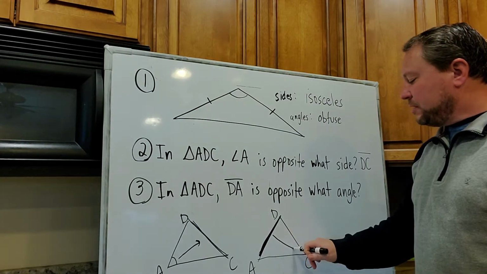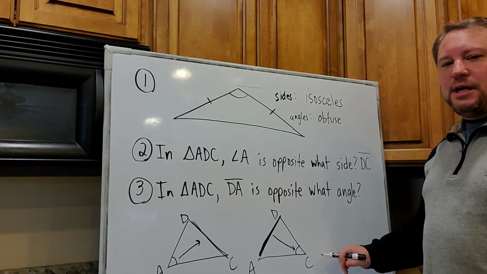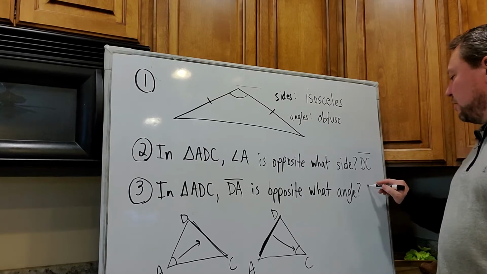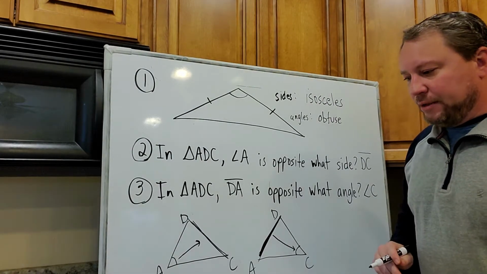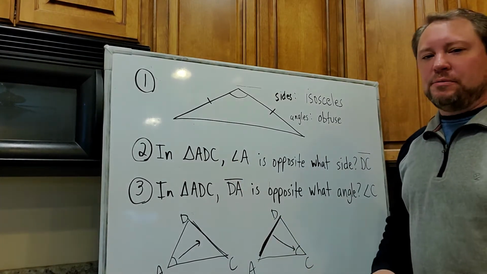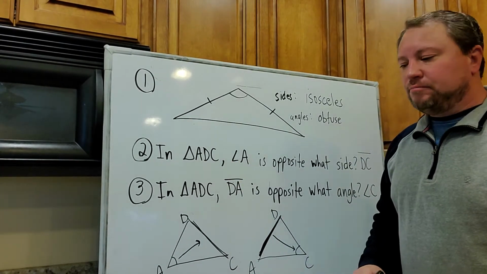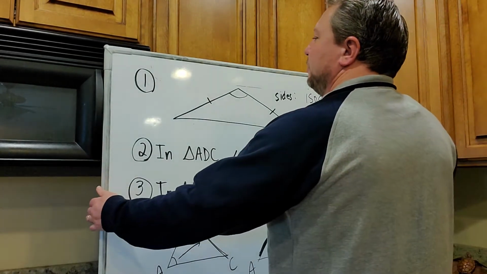Instead, opposite of this side is this angle, angle C down here. Okay, so angle C is our answer for problem number 3. So if it helps you, draw a little picture on those types of problems. It doesn't hurt to do that if it helps you see it better.